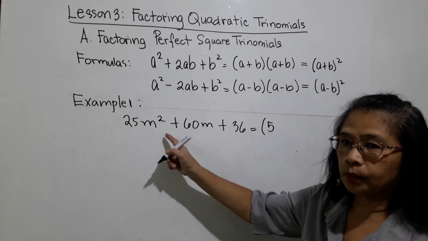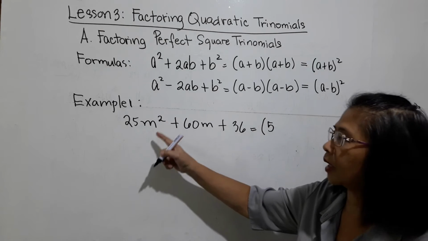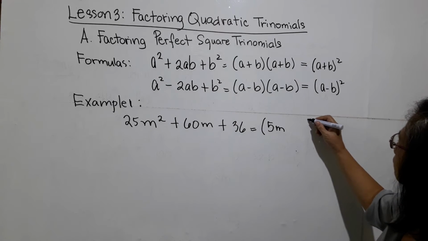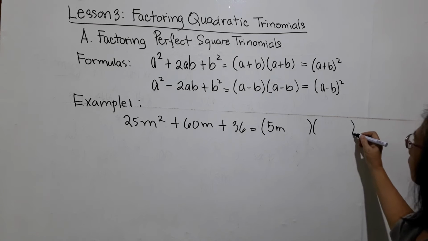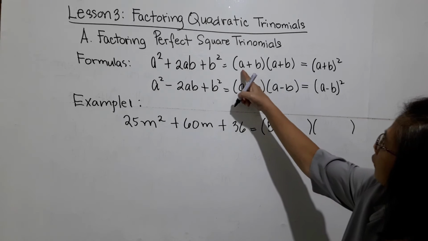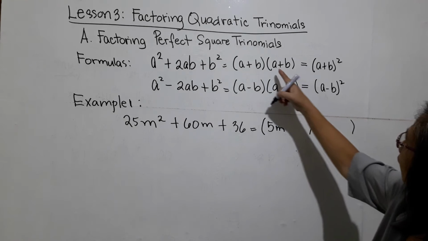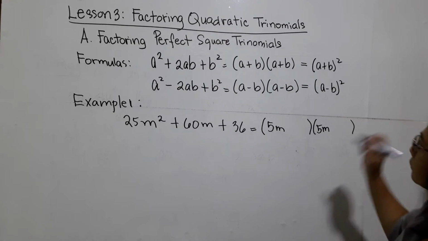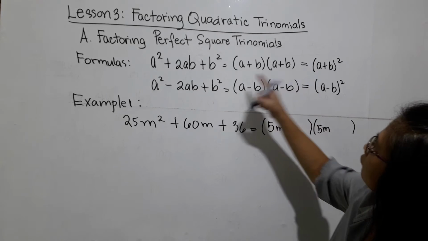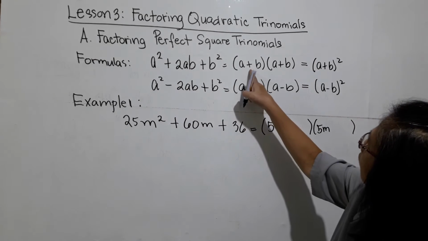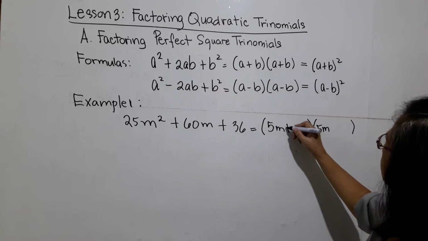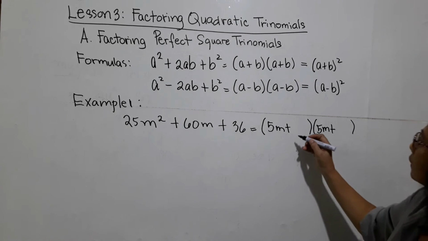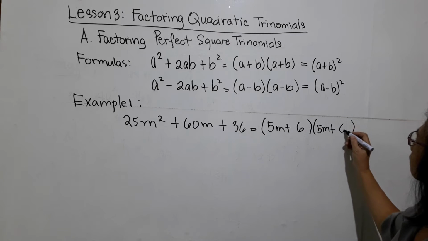What about m squared? It is m. So you have to write two parentheses. Write 5m here, following the formula, and 5m in the other parentheses. Since following the formula, both signs here are plus. Then get the square root of 36, which is 6 and 6.